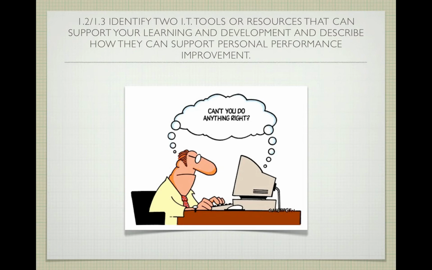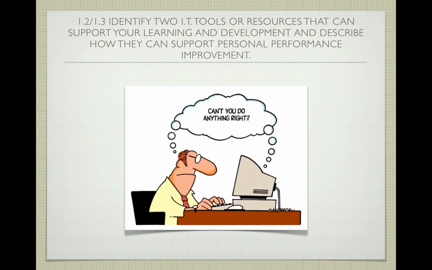But then I might not get it 100% from that video resource, so then I'd go onto a forum, or I'd find a blog posting, so I'd search the internet, so there's obviously another IT resource that can help personal improvement. And then if I still don't get it, I might chat with a friend that I know knows how to do it.